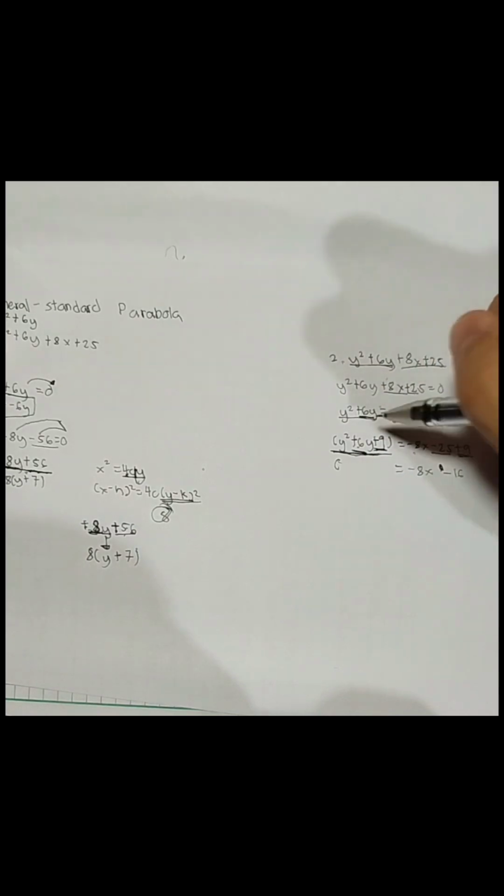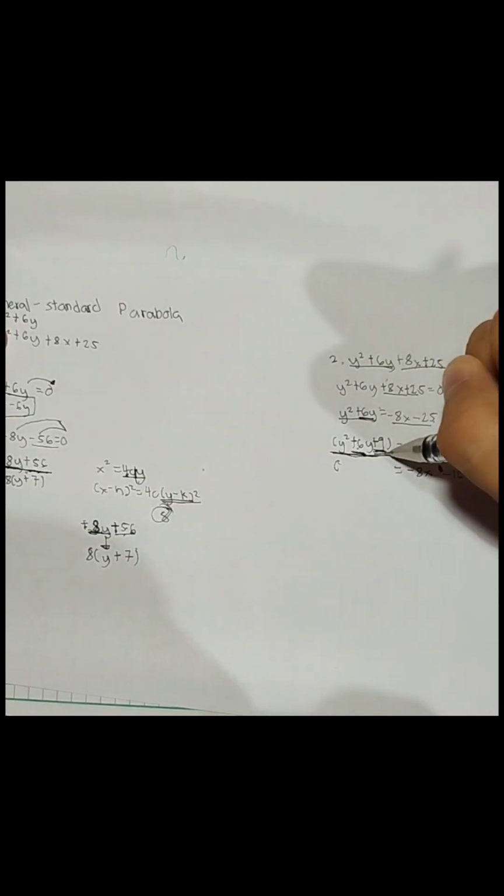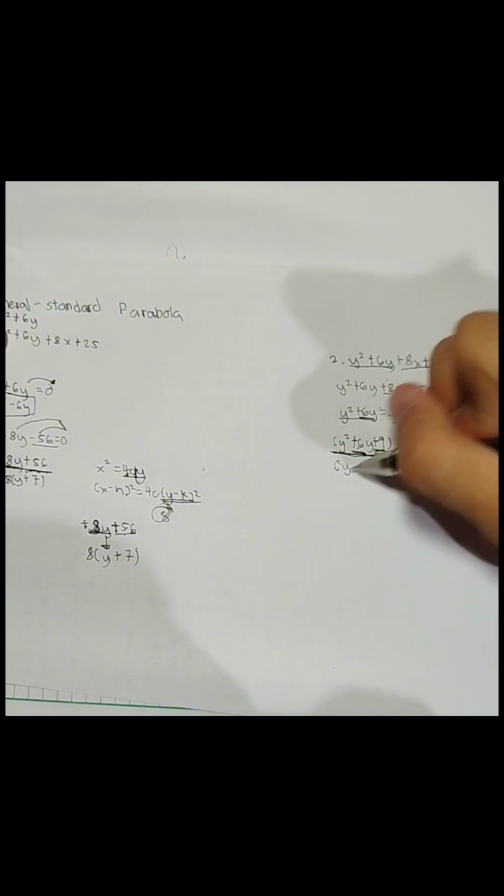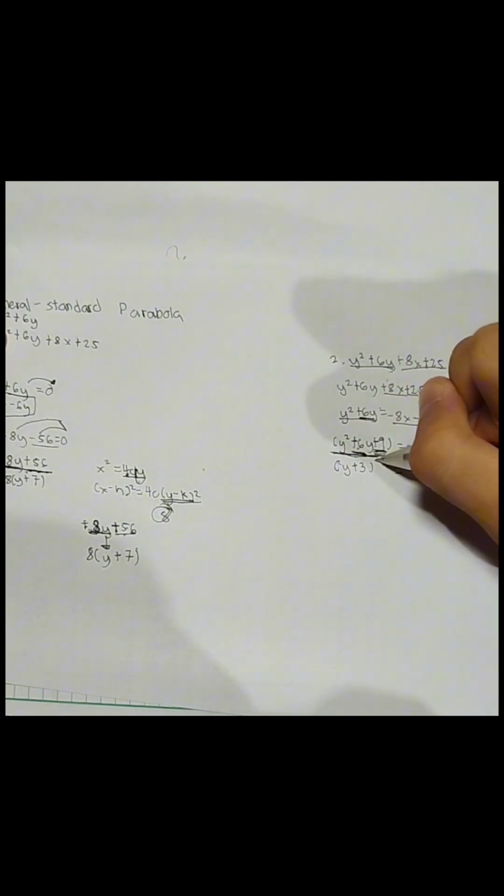Okay, as I've said before, you find something that when added by itself is equal to 6, then when multiplied by itself will equal 9. So that is y plus 3 squared.